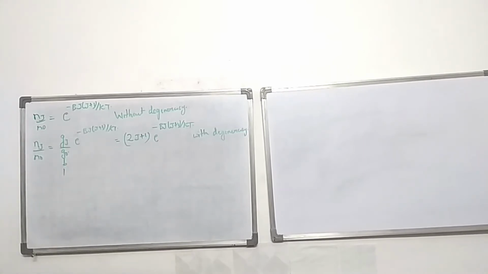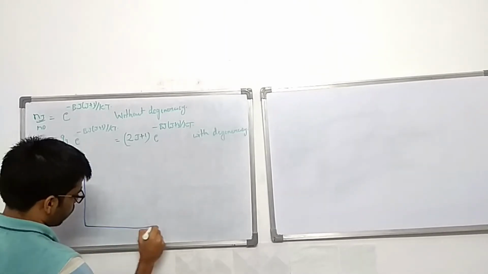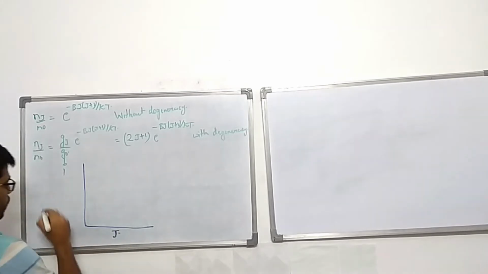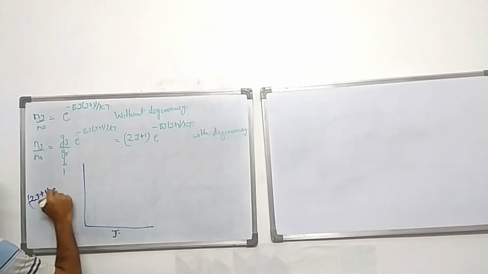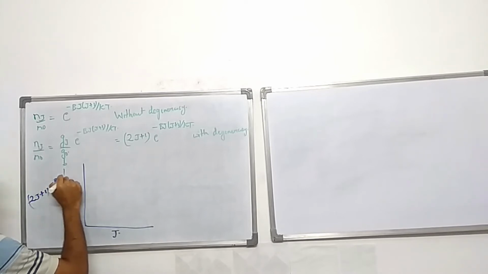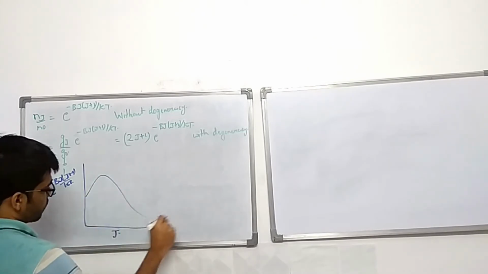So what I would be getting is, this is your j, this is your 2j plus 1 e to the power minus B j into j plus 1 by kT, and the plot looks something like this.